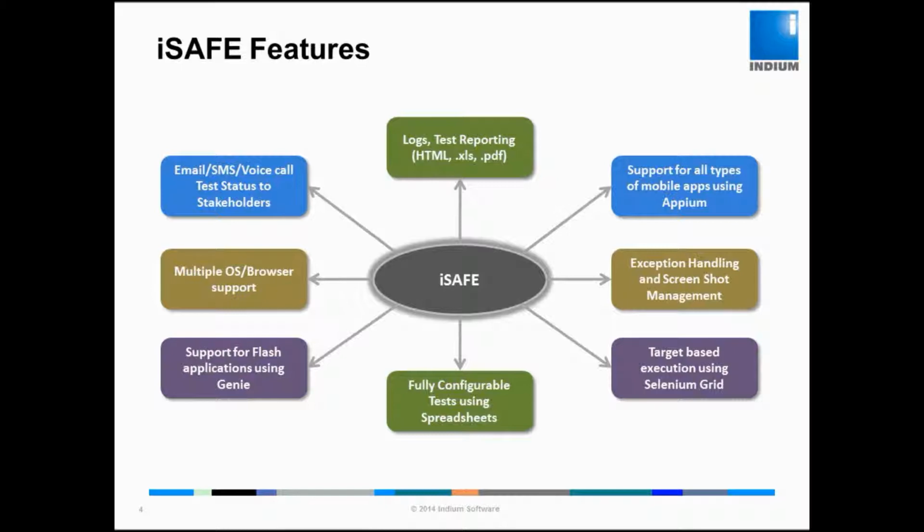It supports all these applications because we have Appium integrated in the framework, which takes care of it. And whenever there's an exception or a failure in the test cases, the framework can capture the screenshot of the failure screen and add it in the report. Or if there's a need to capture the screenshot of the application for auditing purposes or for manual verification, that is possible.